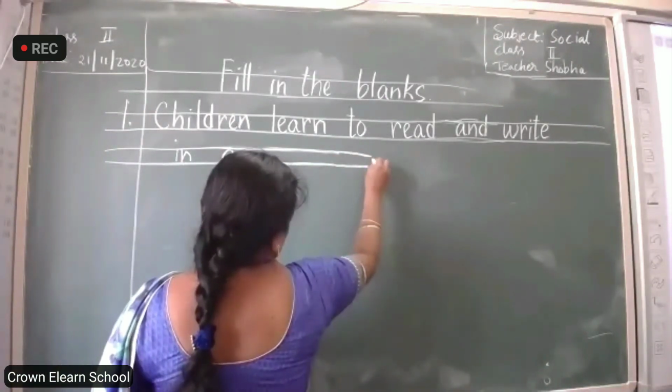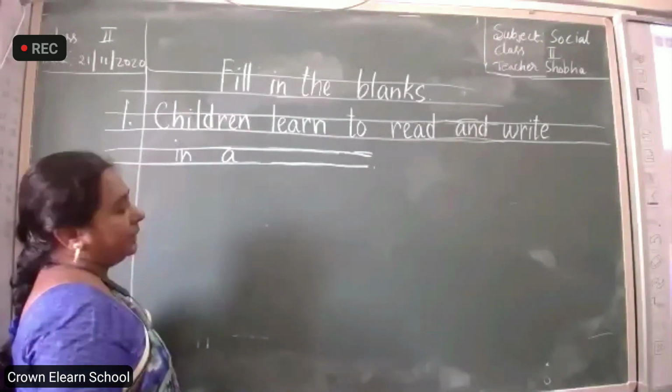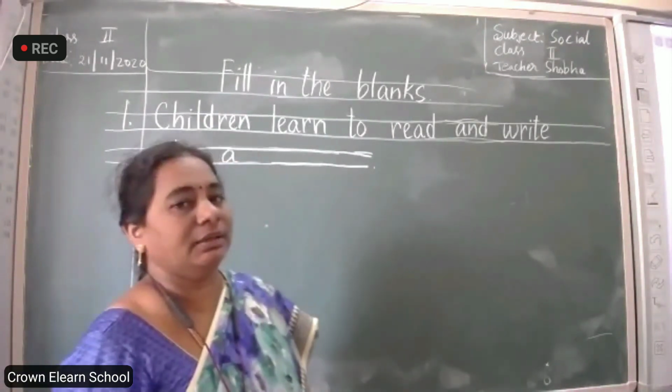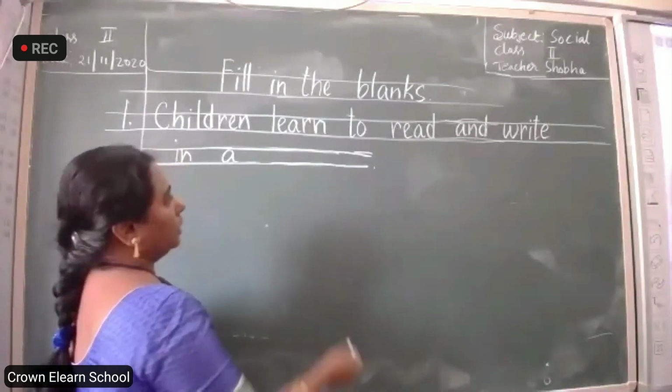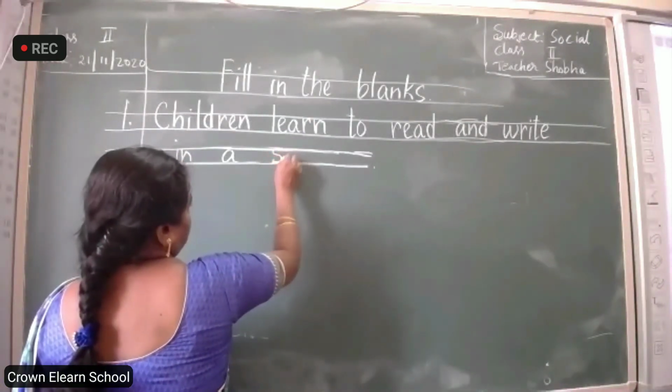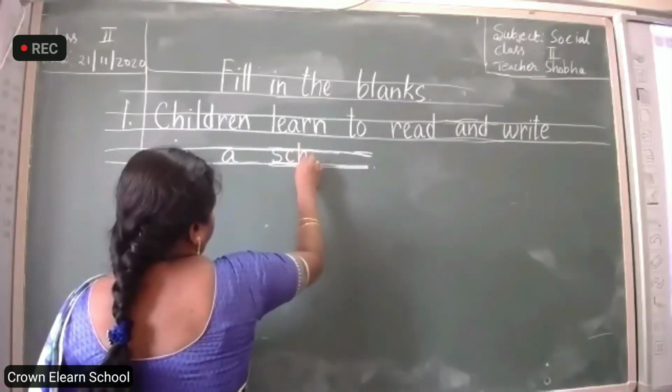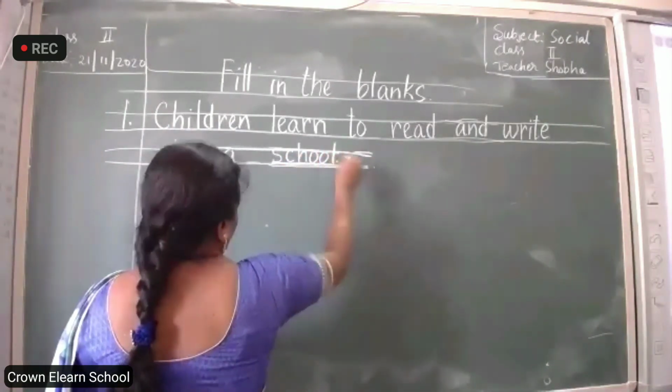So where do children learn to read and write, children? In a school. Okay. So the answer is school. So this is the blank, children. S-C-H-O-O-L, school.